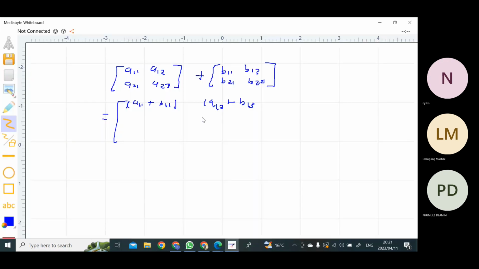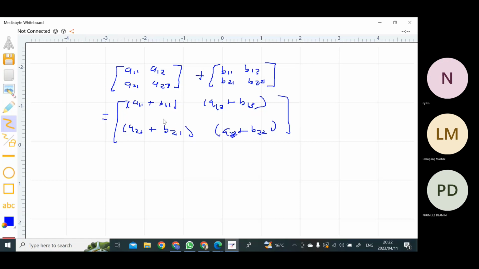Then after that, for the second row, we're going to have A21 plus B21, and then the second one is going to be A22 plus B22. So this is how we add them.